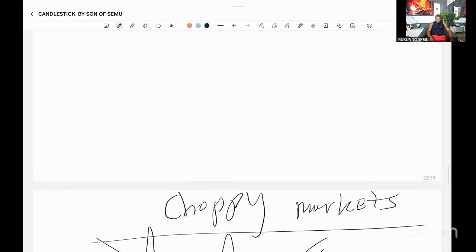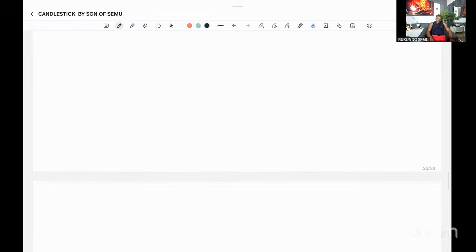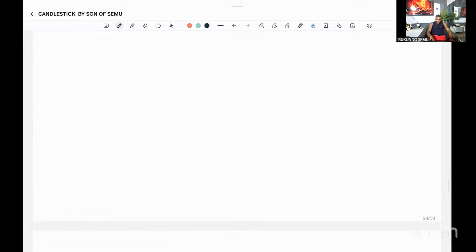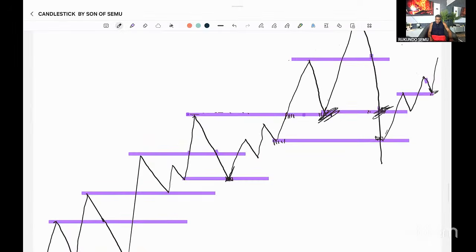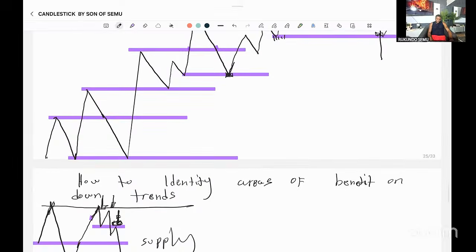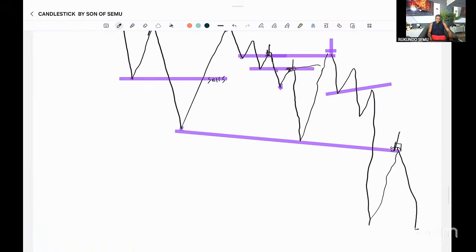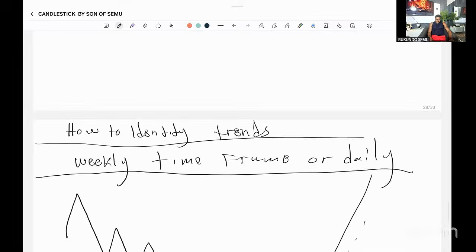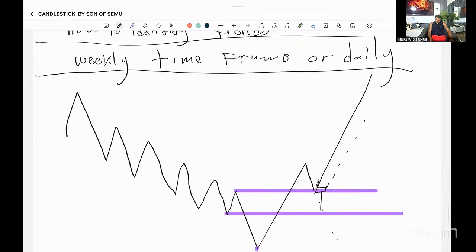Then we talked about areas of benefit, or what we call support and resistance, demand and supply, meaning where people are buying and selling their assets. I showed you clearly how to identify those support and resistance. If you have not watched that video, it is there. We said we don't trade choppy markets.